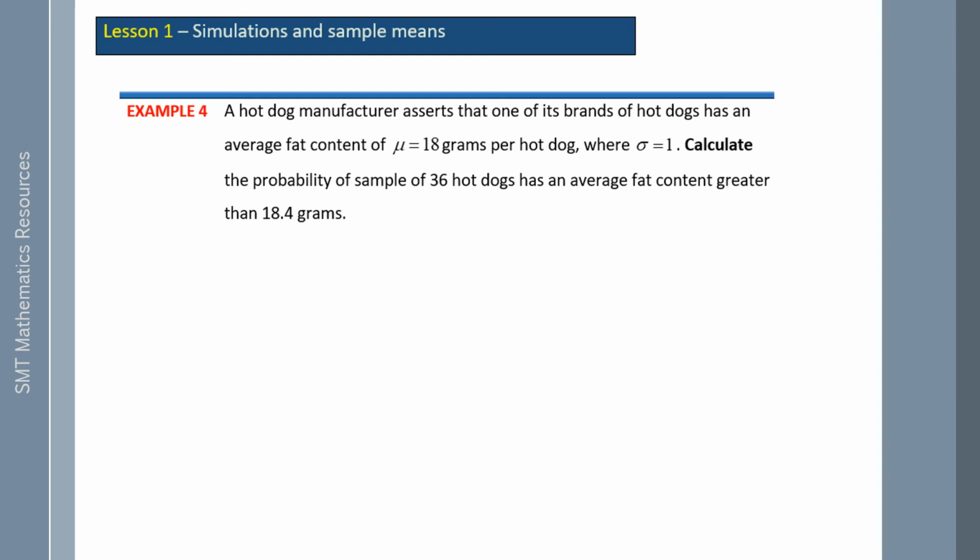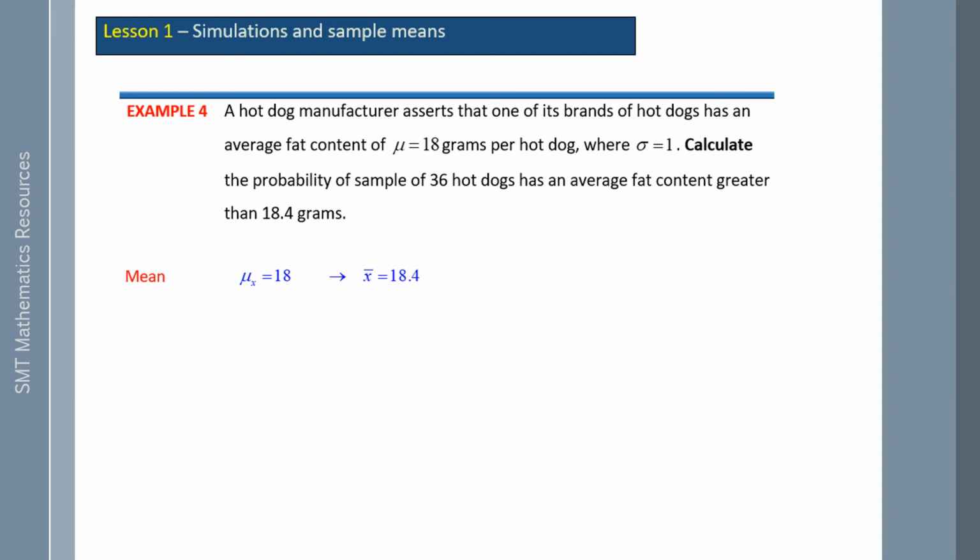A hot dog manufacturer asserts that one of its brands of hot dogs has an average fat content of 18 grams, where the standard deviation is 1 gram. Calculate the probability that a sample of 36 hot dogs has an average fat content greater than 18.4 grams. We know our population mean is 18, so the mean of the sample means would be 18 as well, assuming normality.